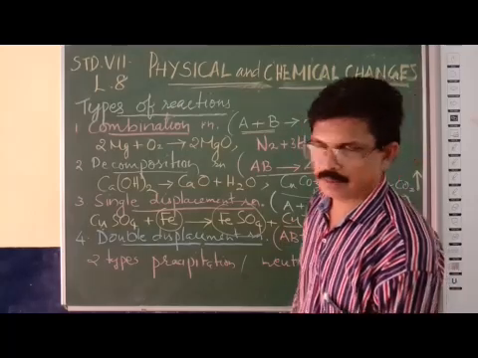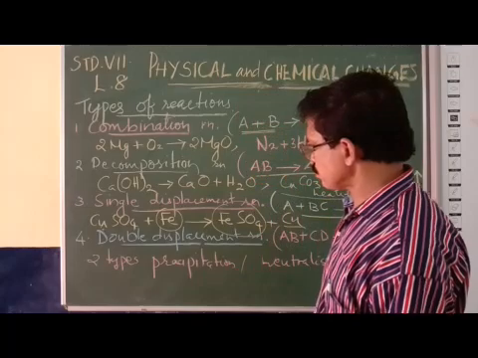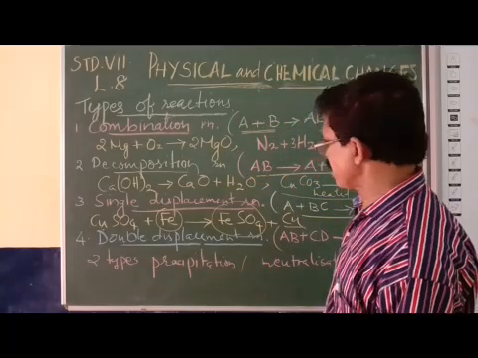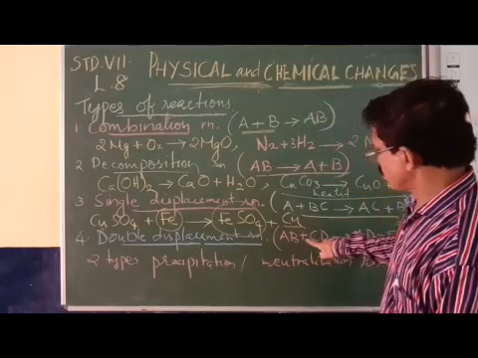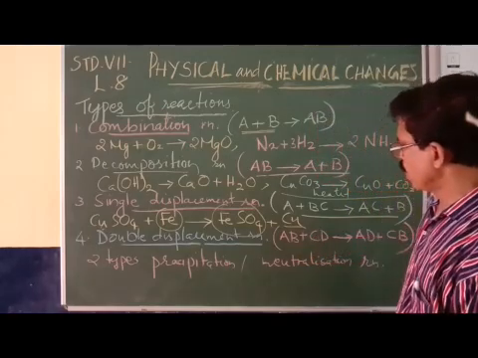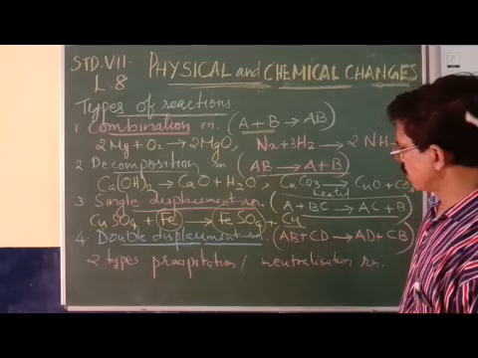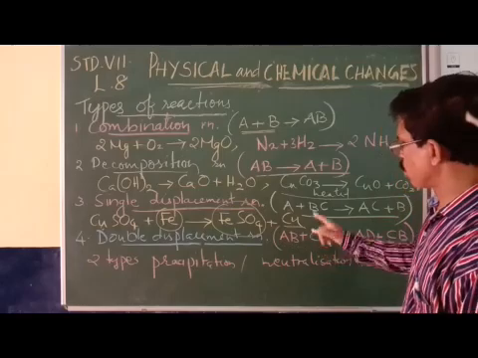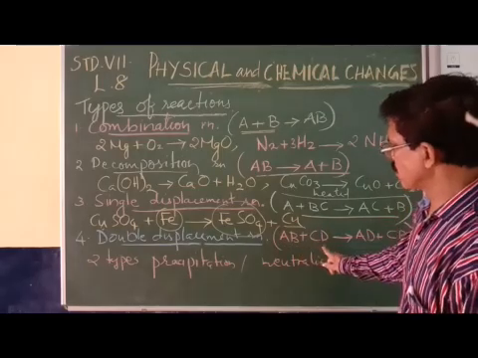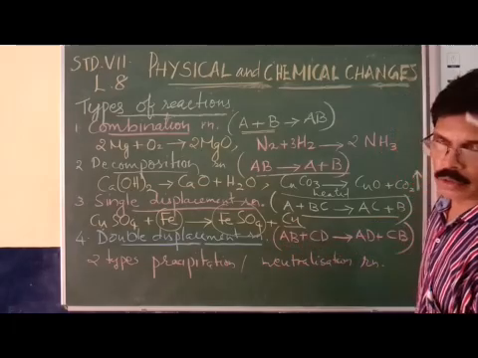Copper is released. Now in a double displacement reaction, you can see two compounds are taking part in it. The more powerful element from a compound displaces the less reactive element from its compound. AB is a compound, CD is another compound.